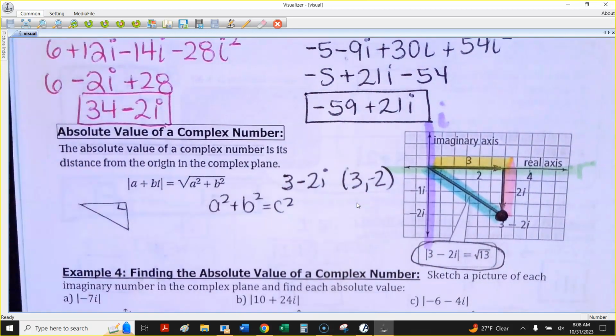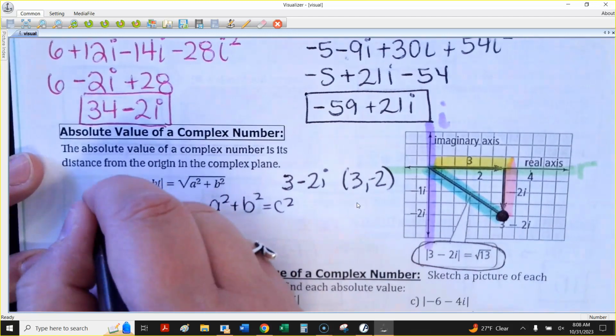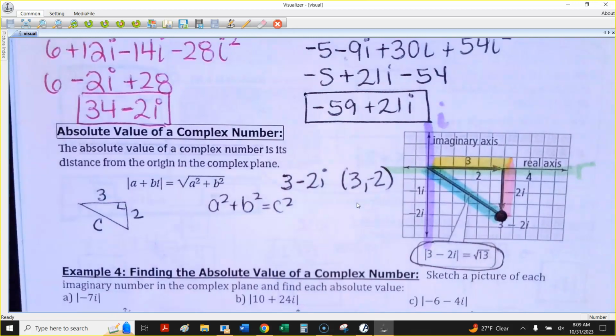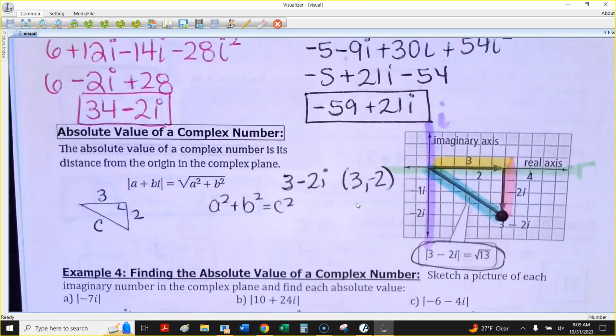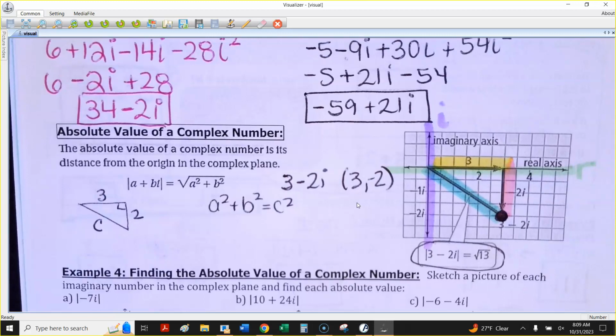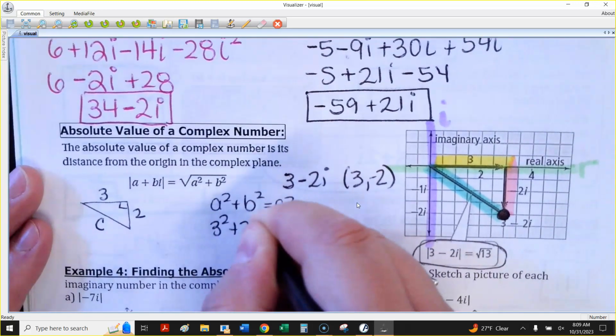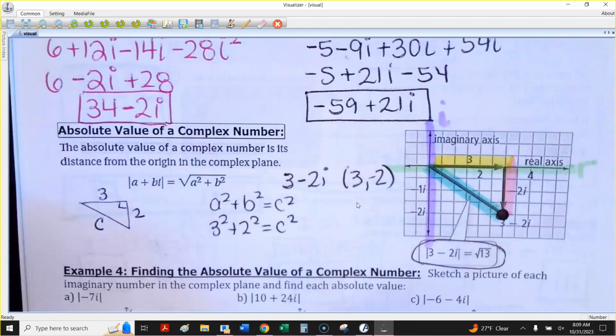This is 3, this is 2, and where you're used to seeing c, that distance from the origin to that point in the complex plane is the absolute value of that complex number. So all we have to do is a tiny Pythagorean theorem: 3 squared plus 2 squared equals the length we're trying to find.